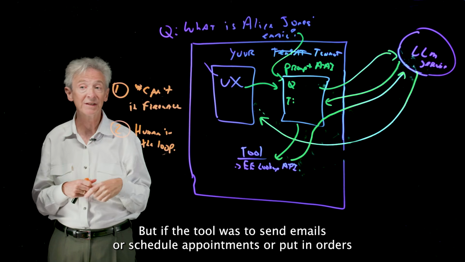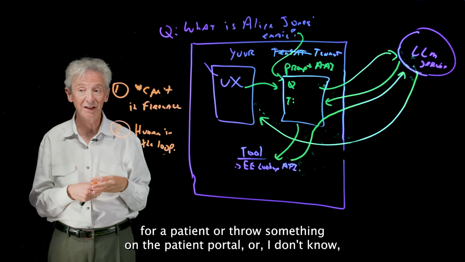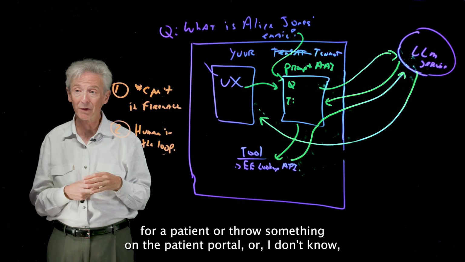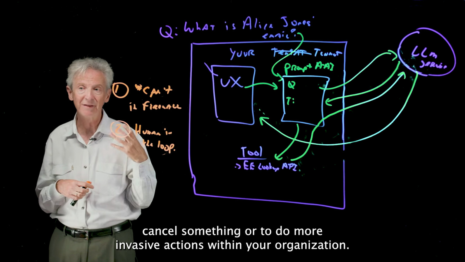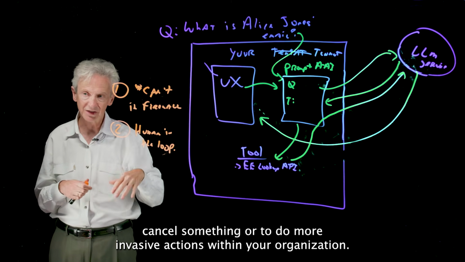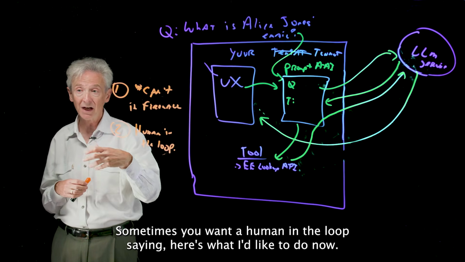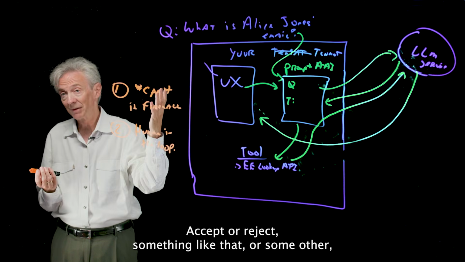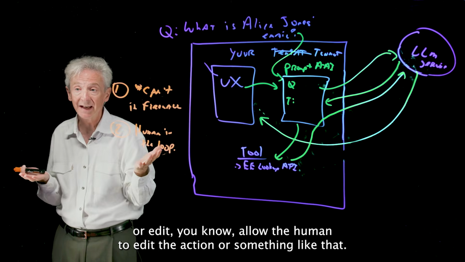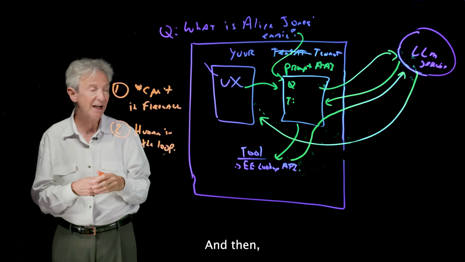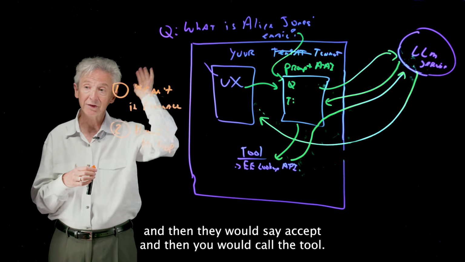But if the tool was to send emails or schedule appointments or put in orders for a patient or throw something on the patient portal or cancel something or do more invasive actions within your organization, sometimes you'll want a human in the loop saying, here's what I'd like to do now, accept or reject, or edit, allow the human to edit the action. And then they would say accept, and then you would call the tool.